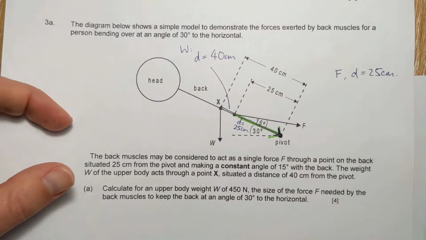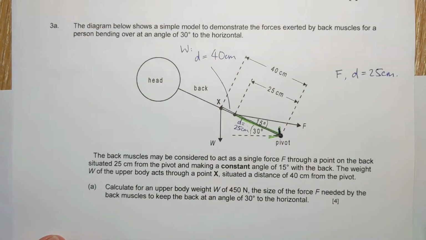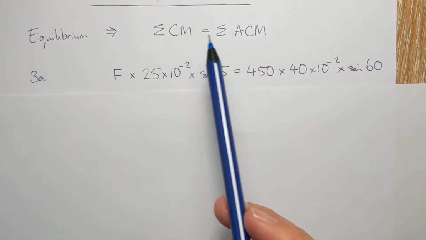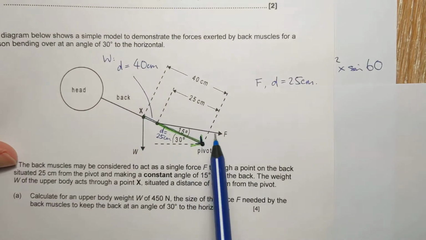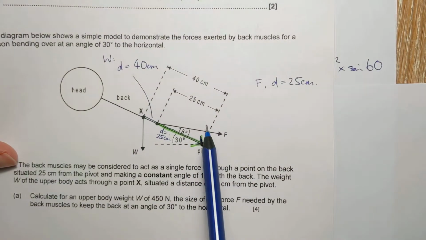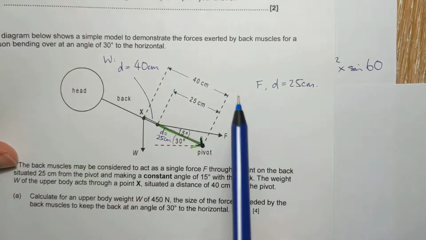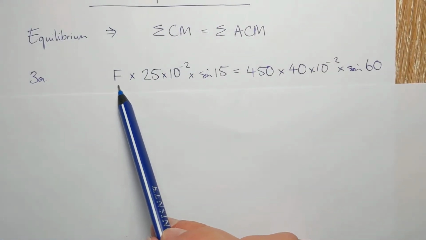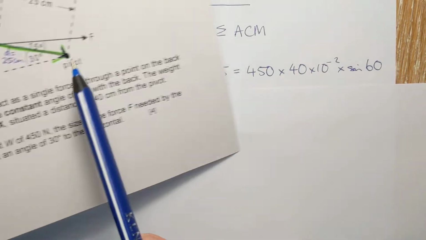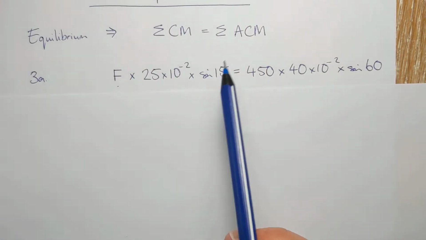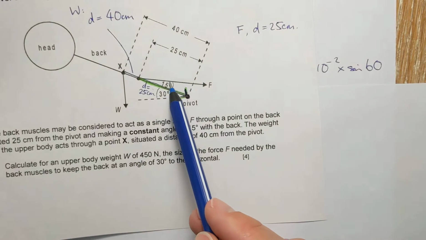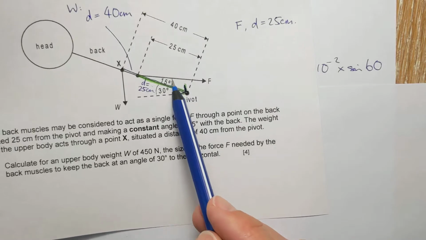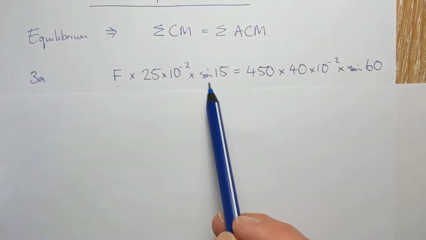Okay, and so putting those numbers into our formula, the total clockwise moment is just the moment due to F. We've only got one force trying to turn the person clockwise, so the moment due to F is the size of F, times the size of the displacement vector, times the sine of the angle between them. So there's F, and there's the displacement vector for F. So the angle between them is 15 degrees.